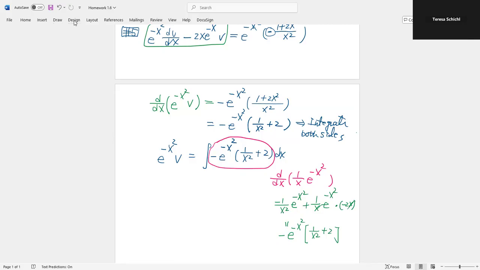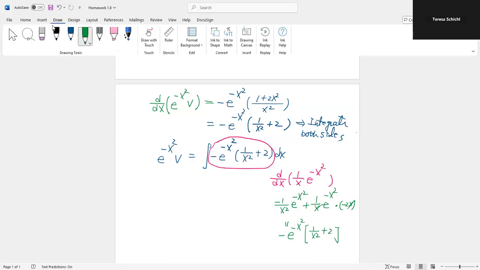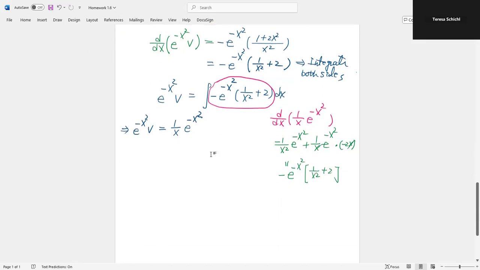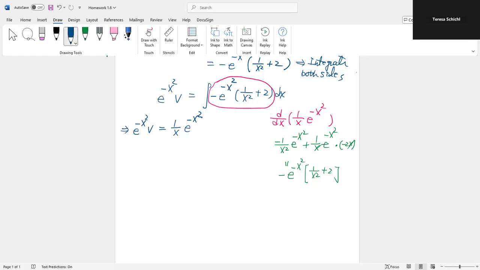Since I can rewrite that, my right-hand side will just be what? Because this is the derivative of a product rule, now I integrate that, and this side will just give me 1 over x times e to the negative x squared. And the v is 1 over y, right?